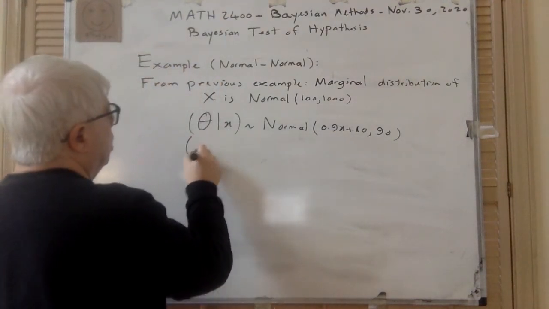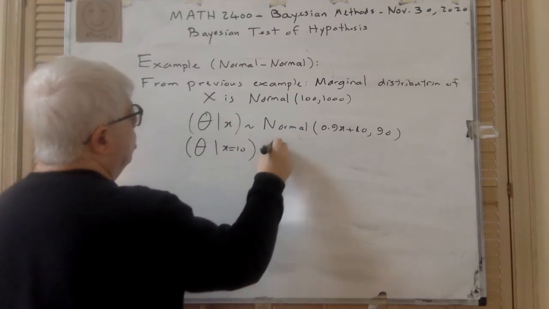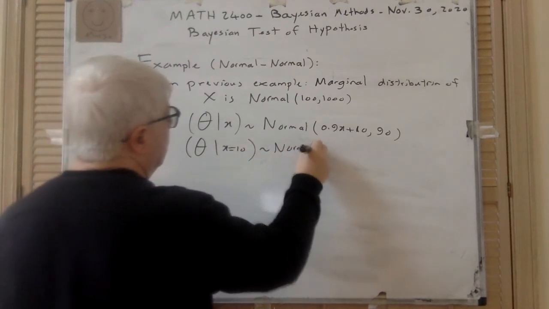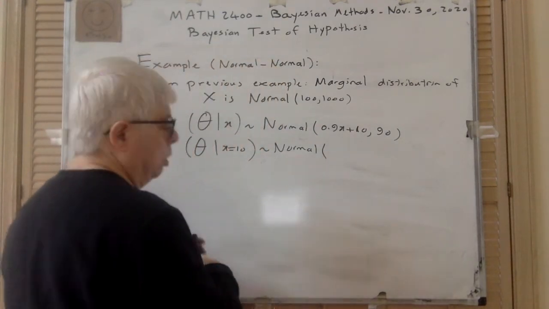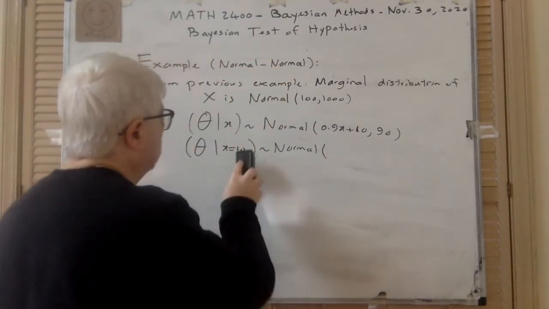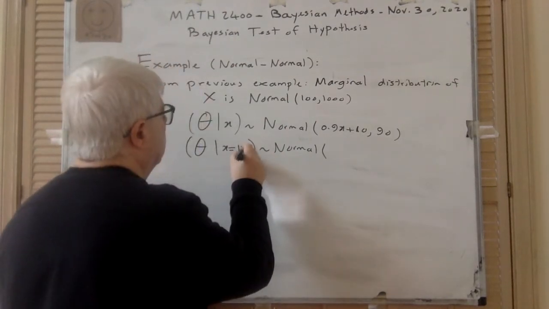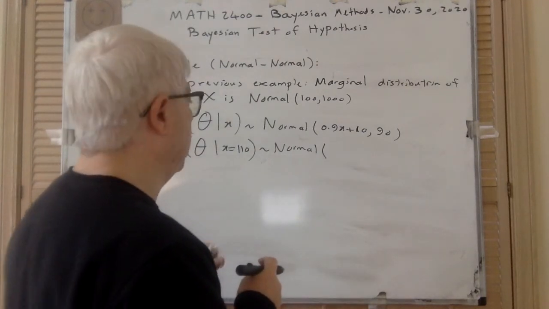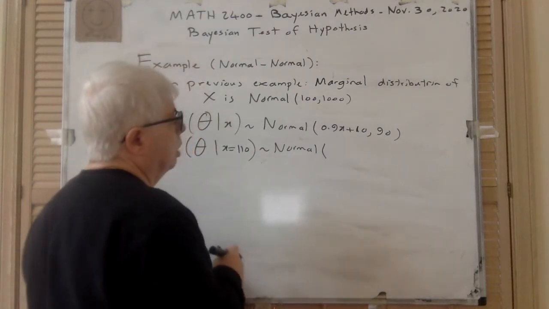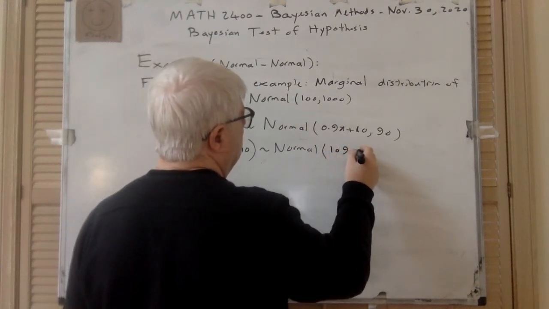Theta given x will be normal, and oh sorry, x was 110, not 10. So 110, that's 99 plus 10, that's 109, and 90.